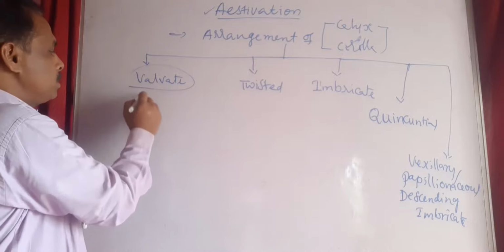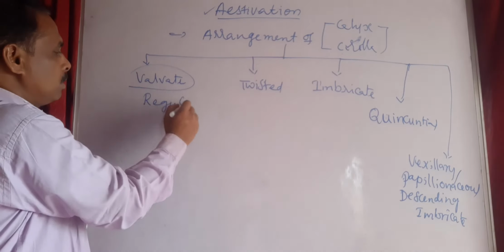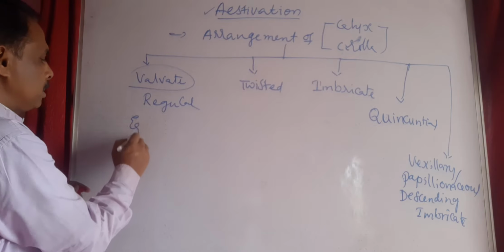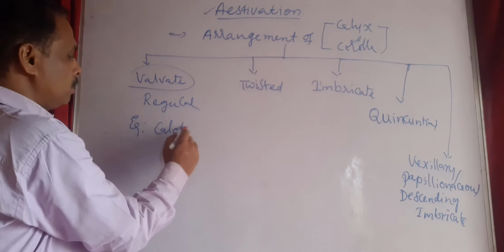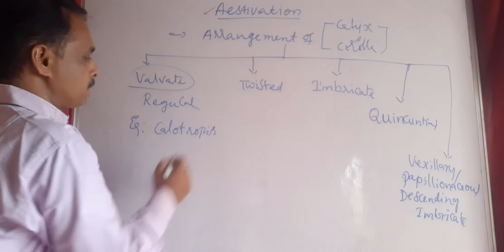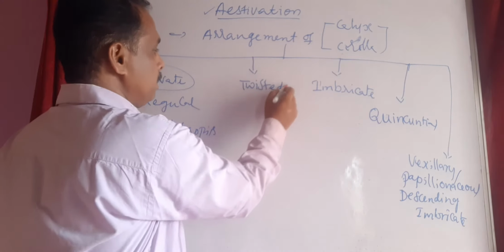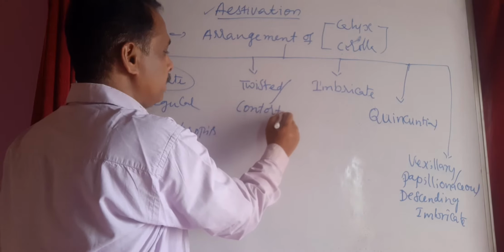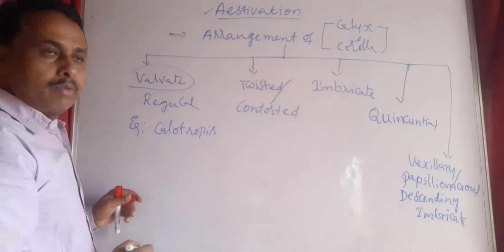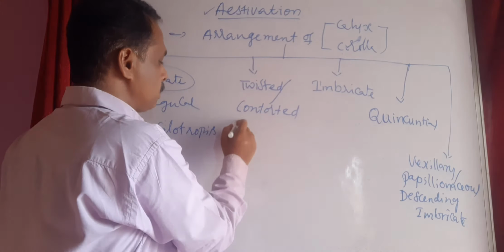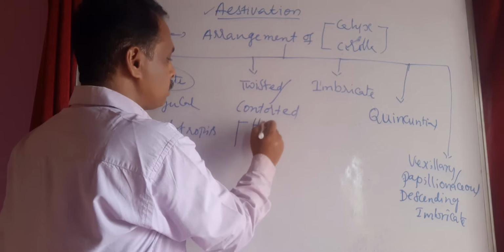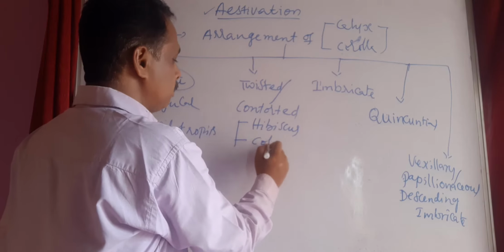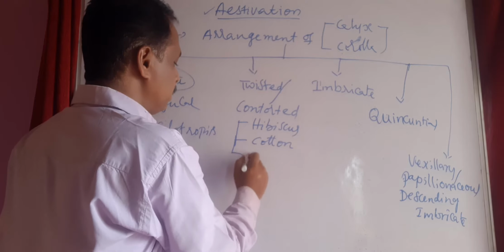Valvate aestivation is the regular aestivation. The example for this is Calotropis. Twisted aestivation is otherwise called contorted aestivation. Examples for this are hibiscus, cotton, and lady's finger.